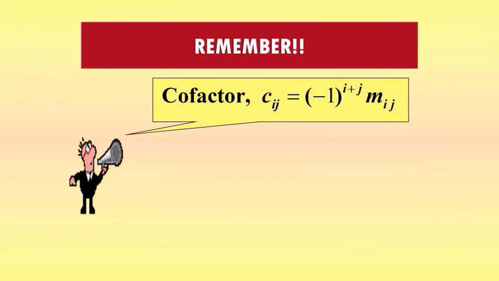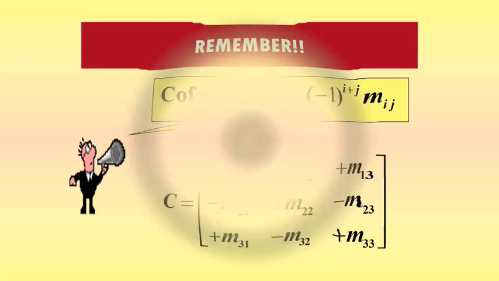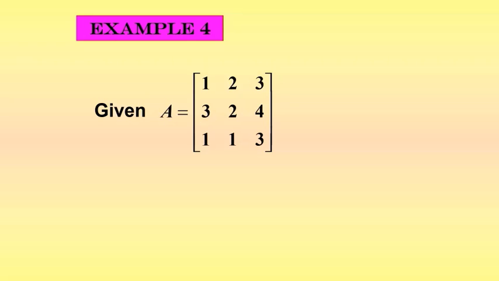Okay, you have to remember how to find the cofactor matrix. Still remember about this. Okay, this cofactor matrix, the entries. Okay, example 4. Given A is this 3 by 3 matrix, find the adjoint of A.